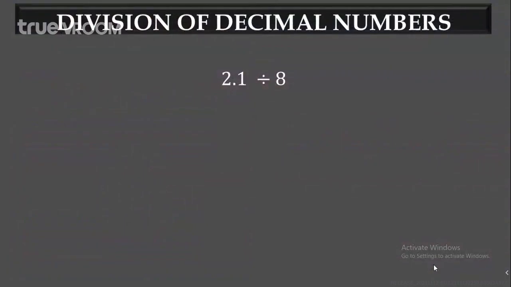So for example, the given decimal numbers, we have 2.1 divided by 8. The first number, or the number that you are going to divide, you call it the dividend.